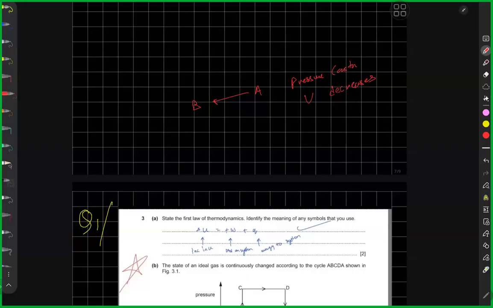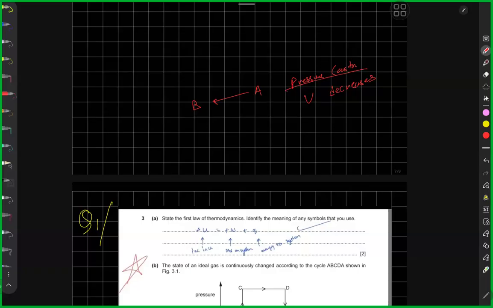Increases. Why? Because volume decreased. Well, yeah, temperature decreases. How do you know that temperature decreases? Because they are proportional. Well, if I decrease the volume, shouldn't the temperature increase, because I could be increasing the pressure, but actually the pressure is constant.